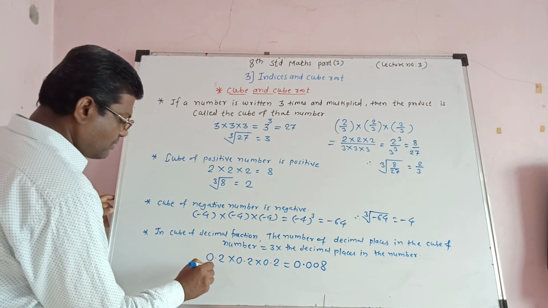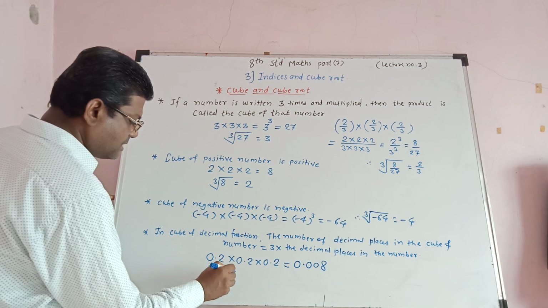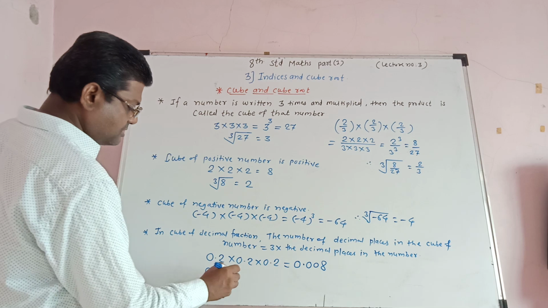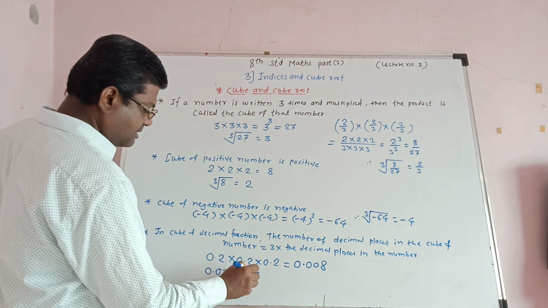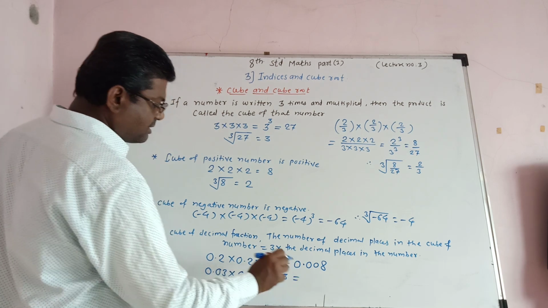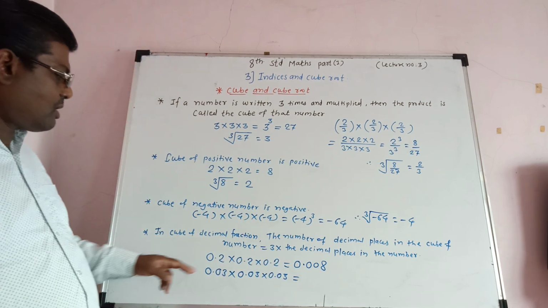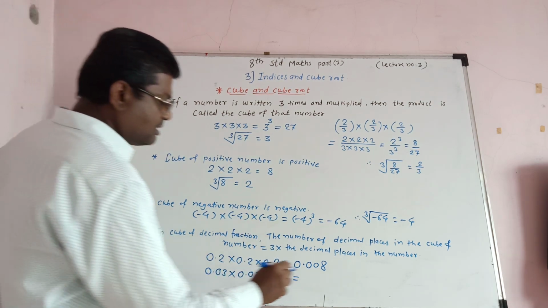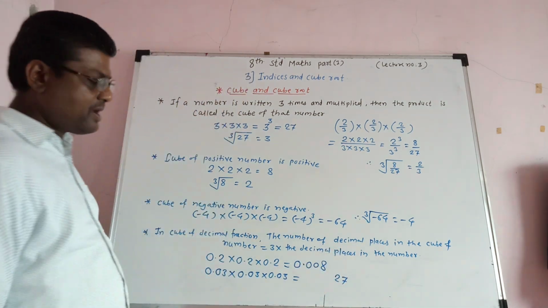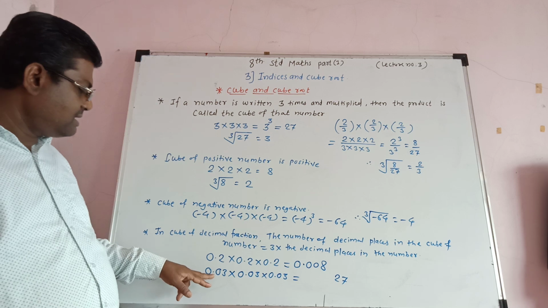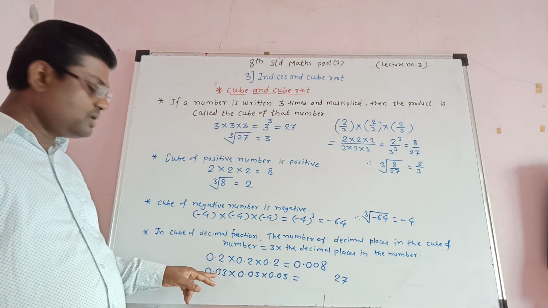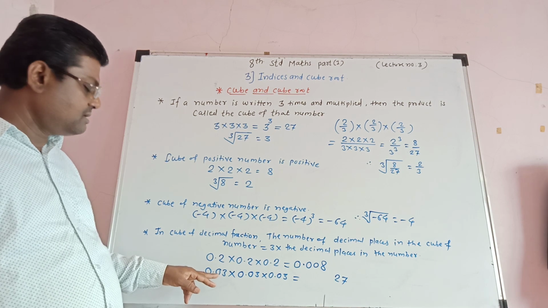Now if we have to find the cube of 0.03, we multiply 0.03 into 0.03 into 0.03. Then we write the cube of 3 at first. The cube of 3, we know, is 27. Now count the decimal places in each number. There are 2 decimal places in each number.